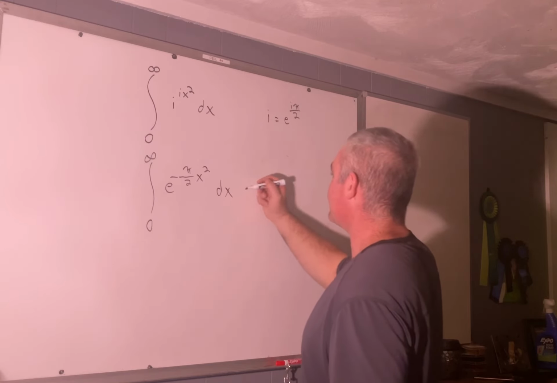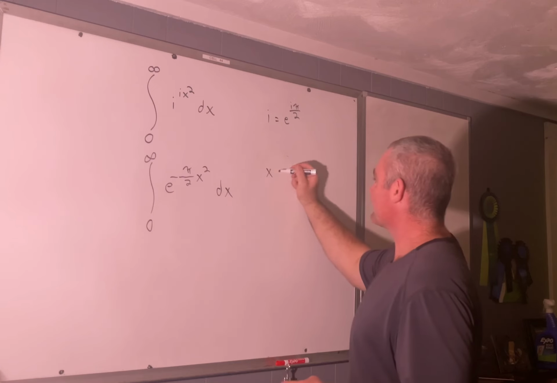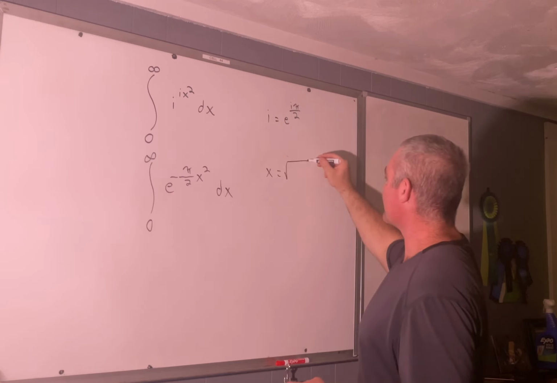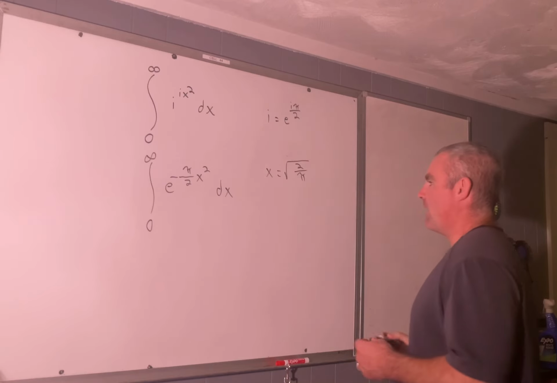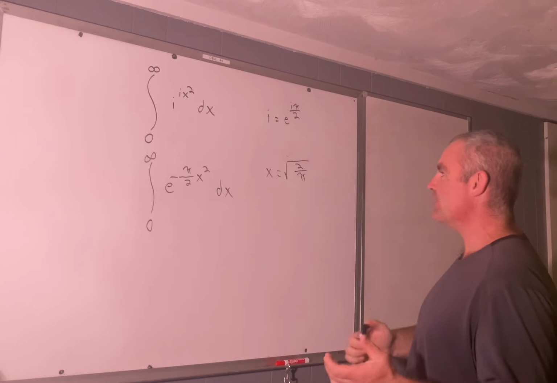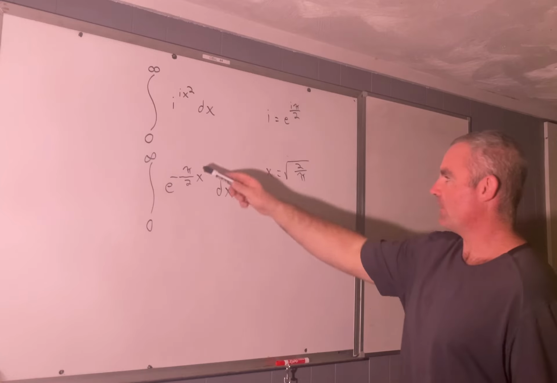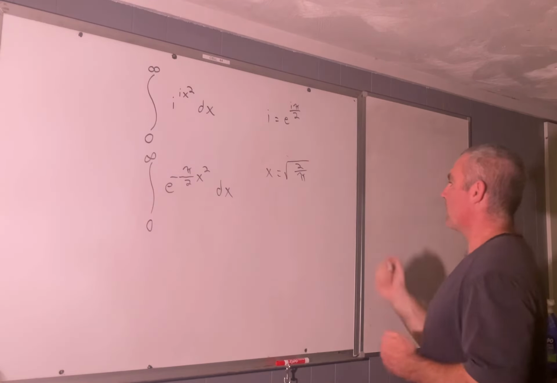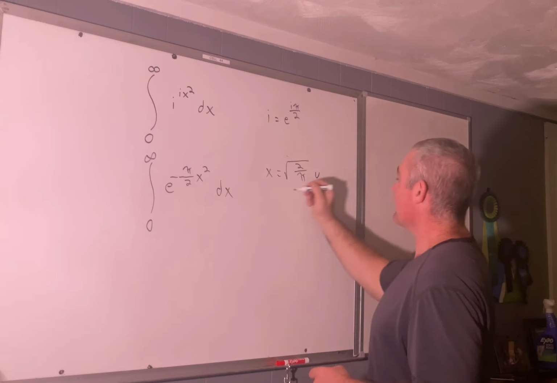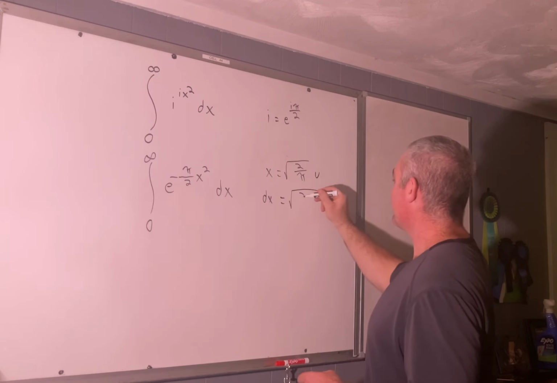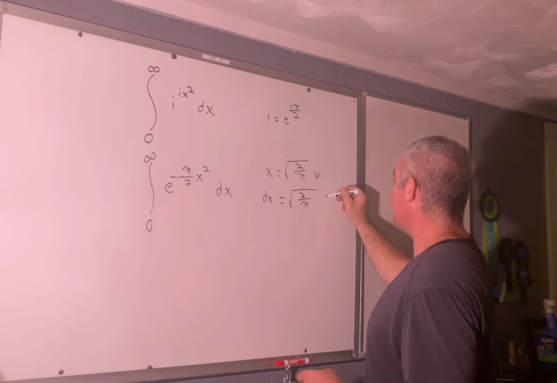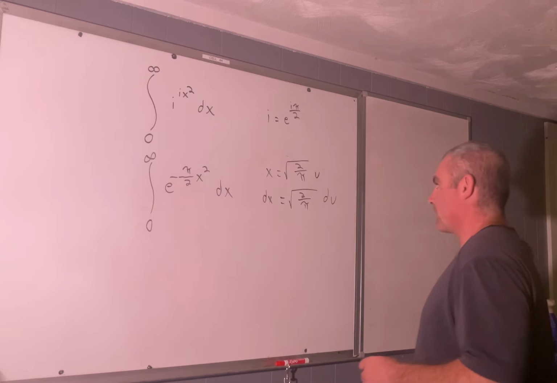And now it becomes very easy. We'll let u equal the square root of pi over 2 times x. I'm sorry, there should be a u here. And therefore, dx is going to be equal to the square root of 2 over pi du. All right, let's rewrite our integral.